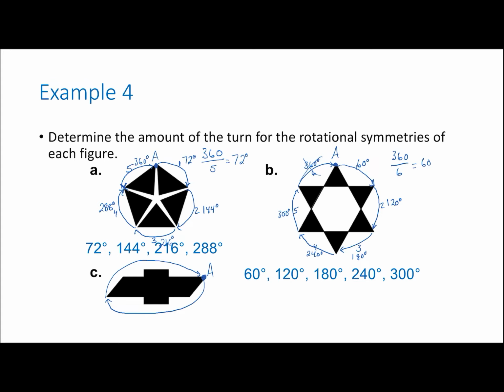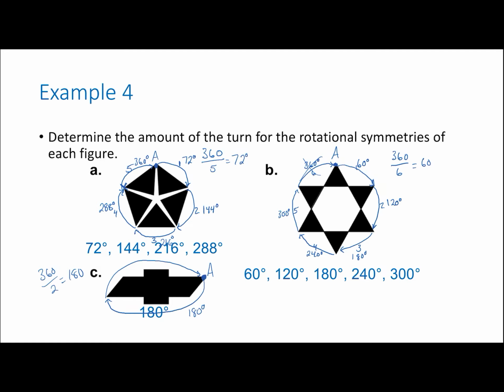And so the number of rotations to get all the way back around is only 2. And so you know that 360 divided by 2 is 180. And so this first rotation is 180 degrees. And that is the only rotation that we have for that one that gives us a rotational symmetry.